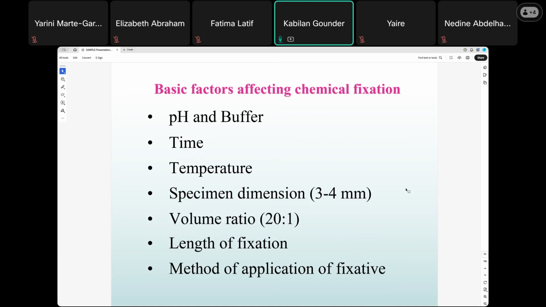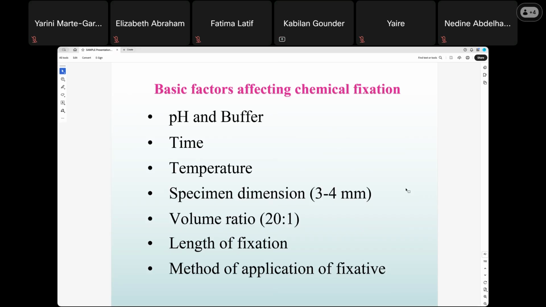So the specimen dimension is important when you take sections. That's 3 to 4 mm. Also, the sample must be completely immersed in the preservative so that all of it is preserved.